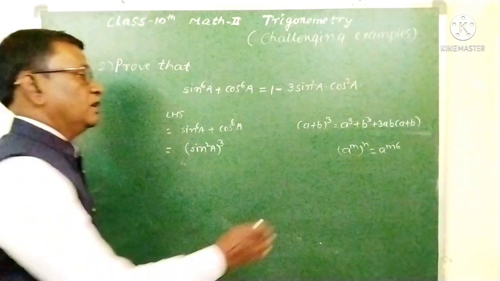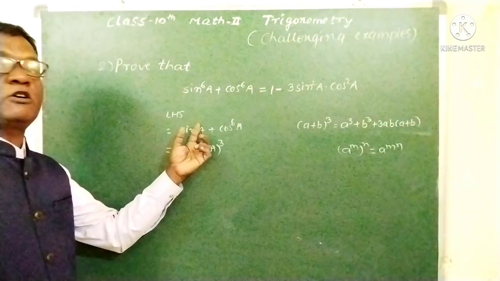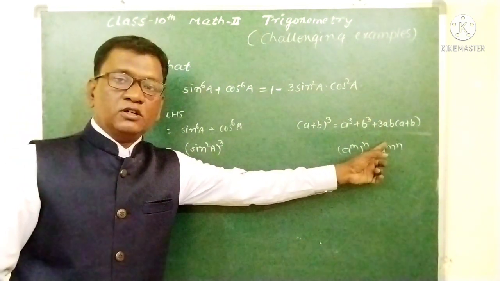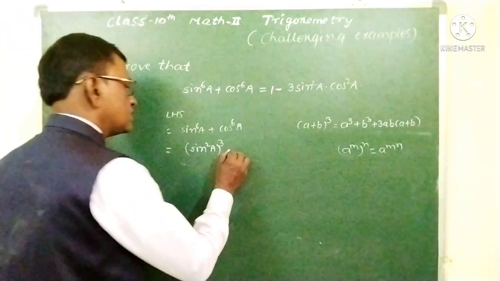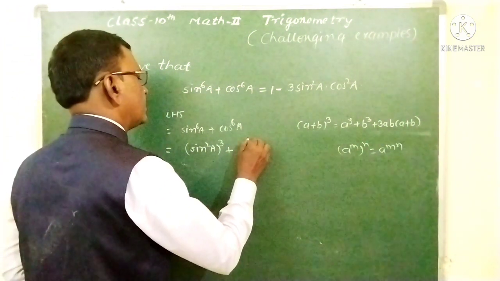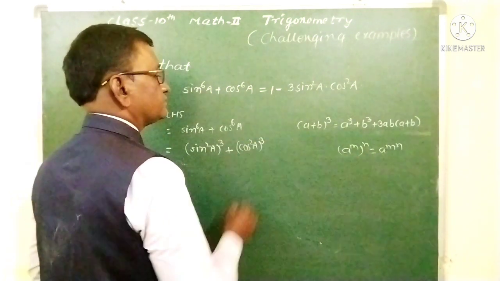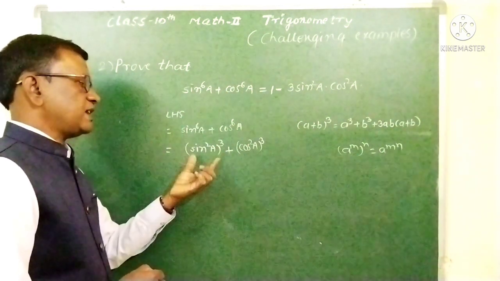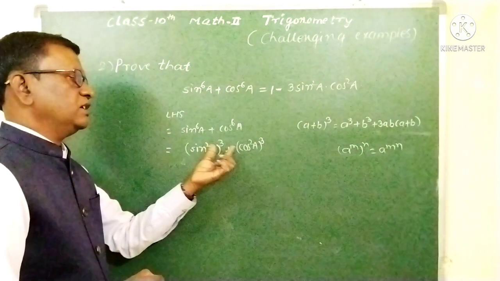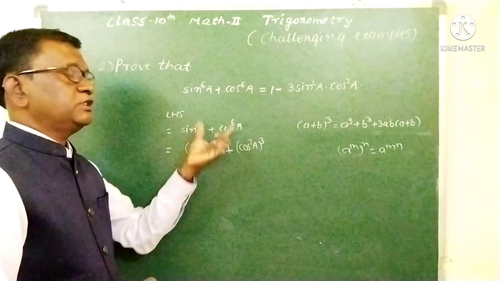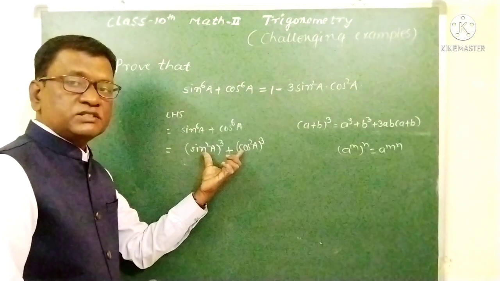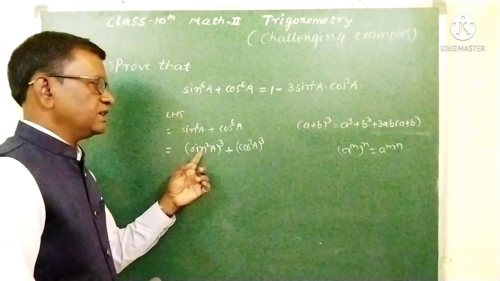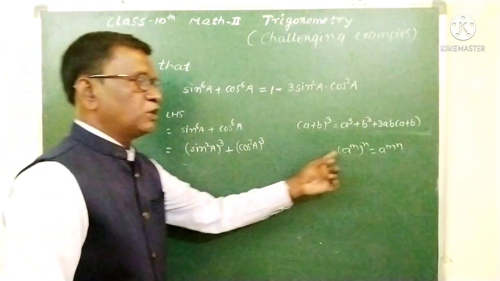So power 6 we can write as sin square a to the power 3 by this rule of indices, and cos 6 we can write as cos square a to the power 3. Means we write this LHS as sin square a to the power 3 plus cos square a to the power 3 without any change in the example. You have to split this power 6 in this form by rule of indices.